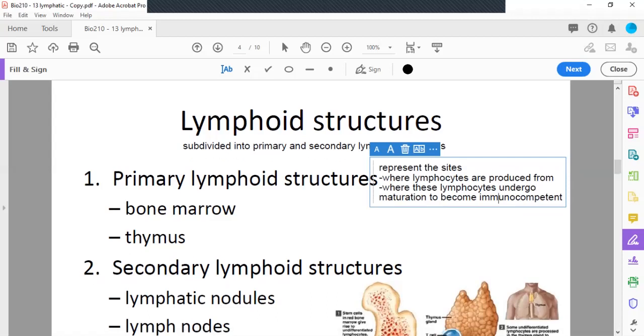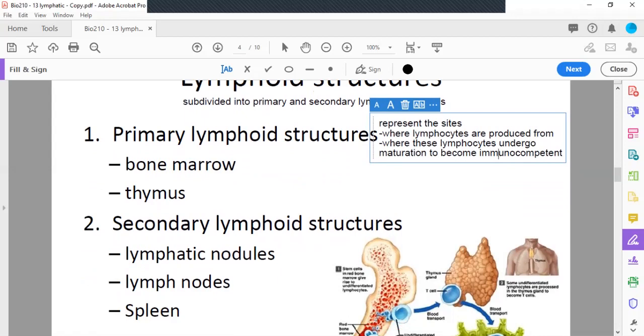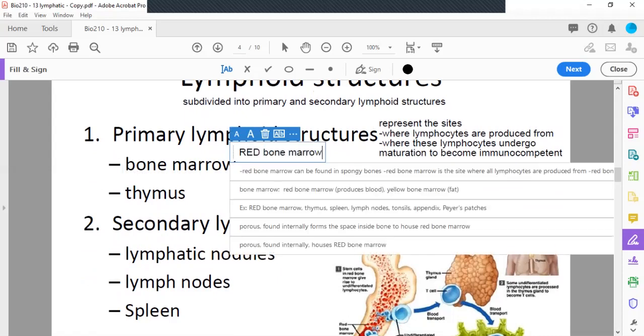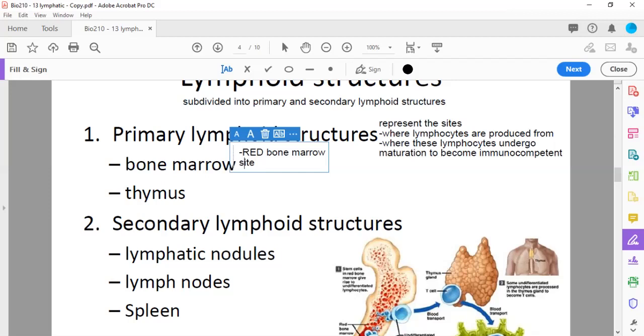So the bone marrow, let's examine the image. To be more precise, it is the red bone marrow. And by the way, the red bone marrow is found in the spongy bone.